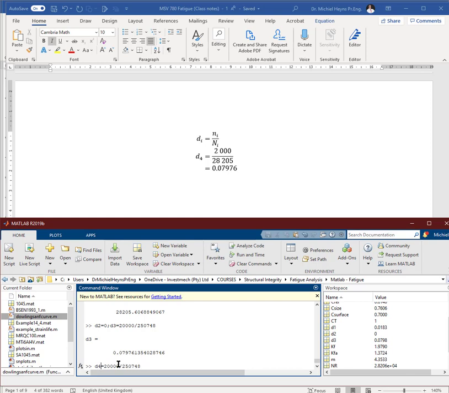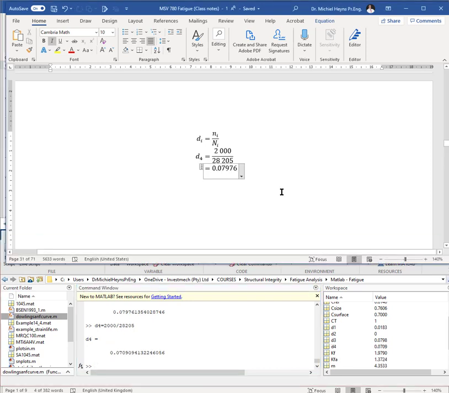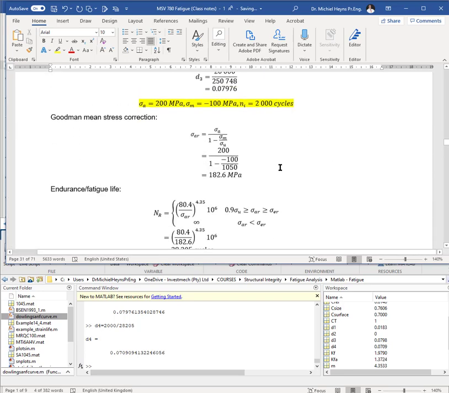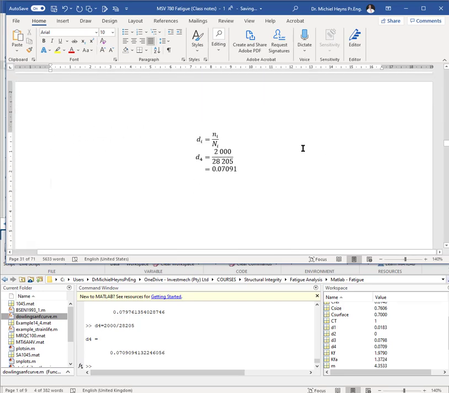D4 now is equal to 2000 divided by 28205 cycles, and that's equal to 0.0709. That's what the value will be. And now let's do the total damage.